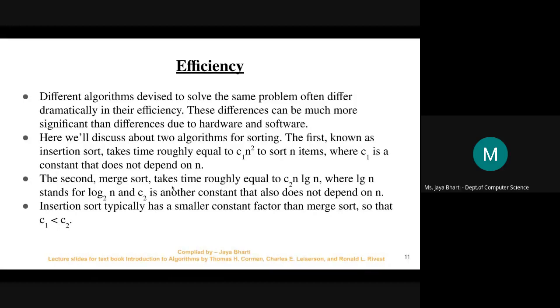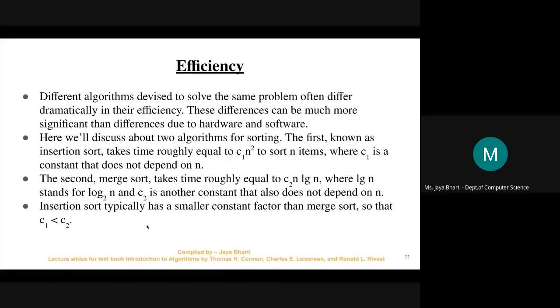Second, merge sort takes n log n time to sort n elements, so we roughly equate the time taken by merge sort to C2 n log n, where C2 is another constant which also does not depend on n. N is the number of elements in the input.